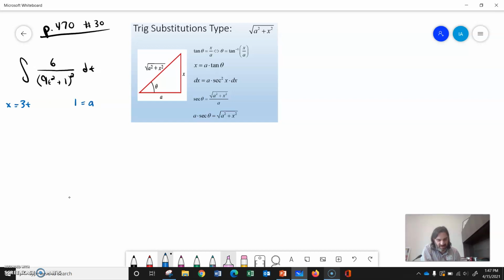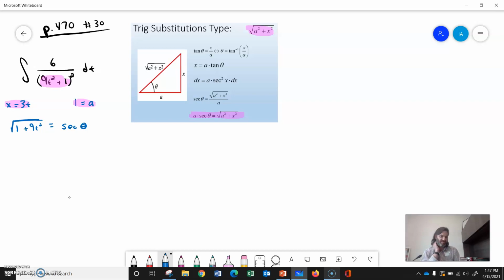When we compare that to our template, our type, let's be very careful here. We know that the square root of a squared, which is 1, plus x squared, which will be 9t squared, will be the secant of theta.